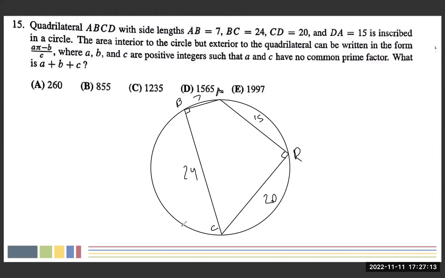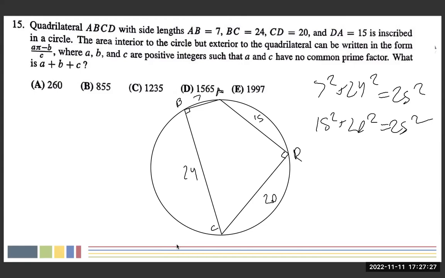And if you look for a little bit, you realize that 7 squared plus 24 squared is 25 squared, and that 15 squared plus 20 squared equals 25 squared, then you will realize that this diameter has to be 25. It has to be a diameter, and it has to be 25, and these are right angles.